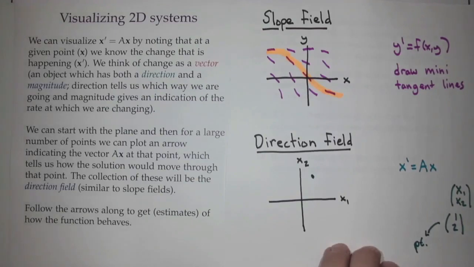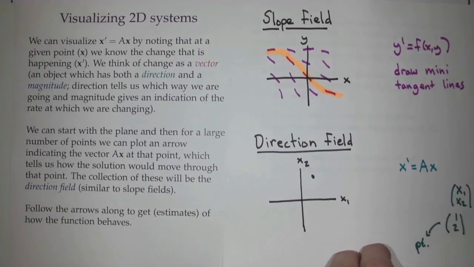But the other interpretation is I can think of it in terms of what we call a vector. And we've been using this phrase a lot. Now, vectors are really important ideas. You'll see this in physics. You'll see this a lot if you take, for example, Calculus 3. What are vectors? Well, the way I like to think about a vector is it's talking about change, how something is changing.